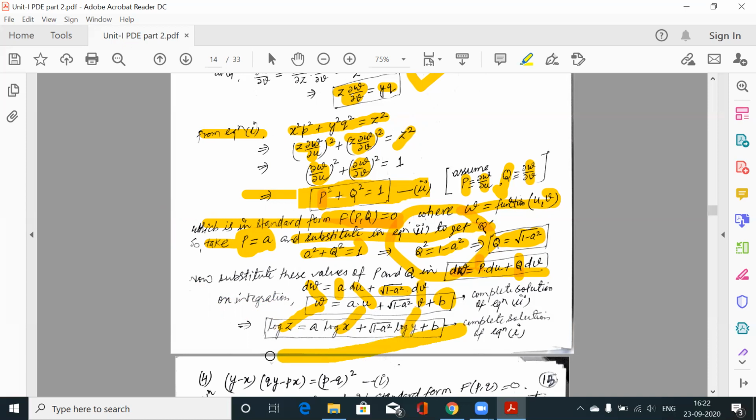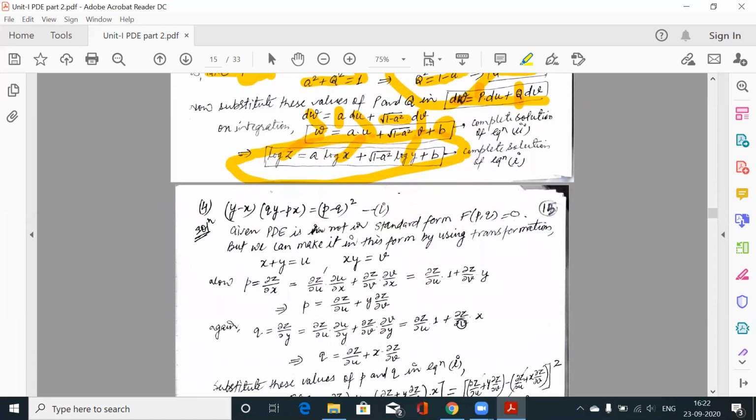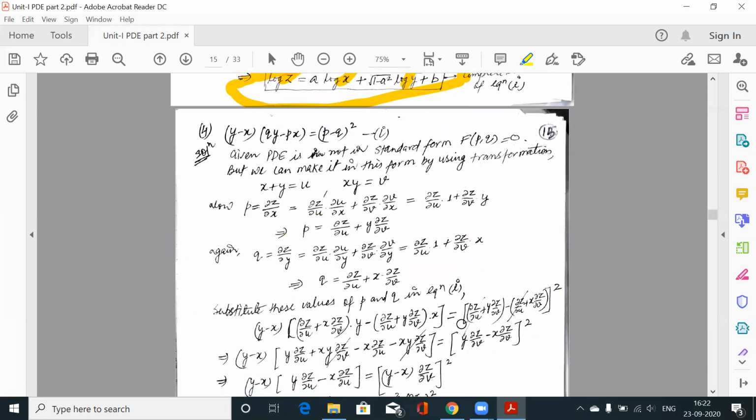So this is our final complete solution. So using this transformation we were able to convert that equation into standard form 1. So this is the process.